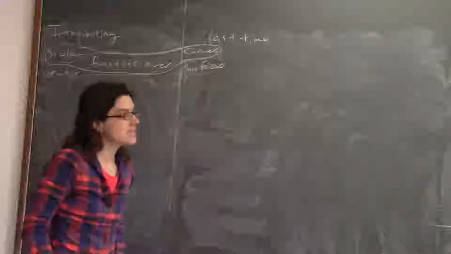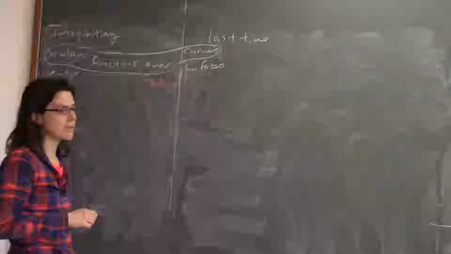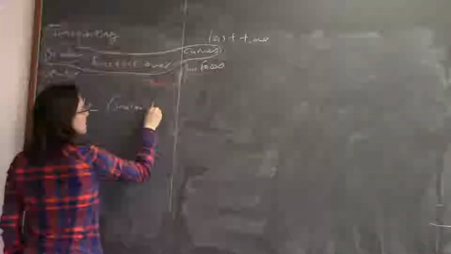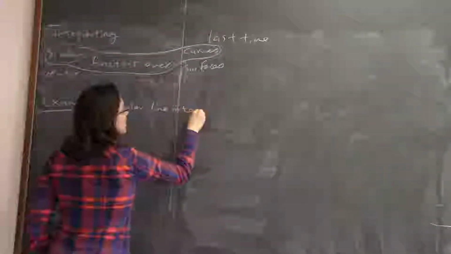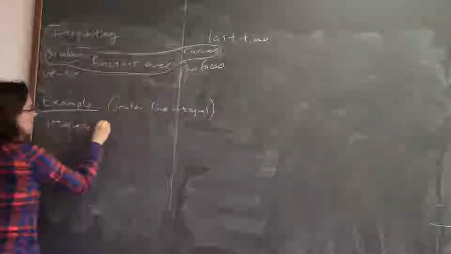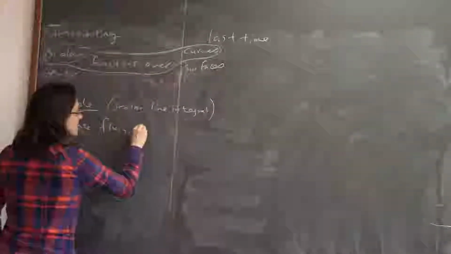That's the idea. So before we do that, though, let's just do an example of scalar valued line integrals so that you remember what's going on. So, for example, this is a scalar line integral. So integrate f of x, y, z equals, what shall we do?